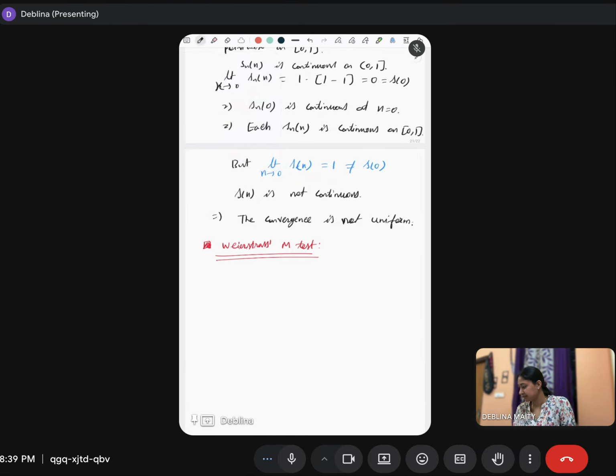And what is that? So let D be a subset of R and this is a series of functions F_n(x), series of functions on D to R.